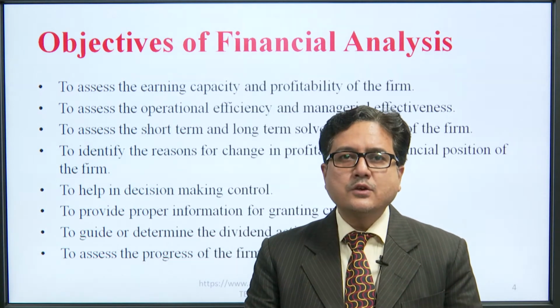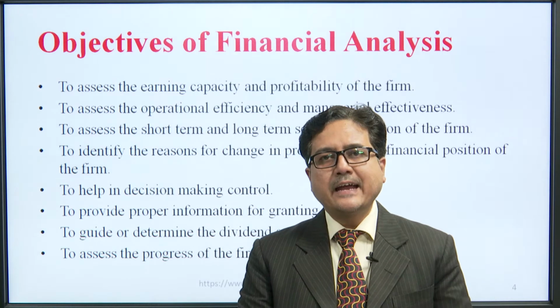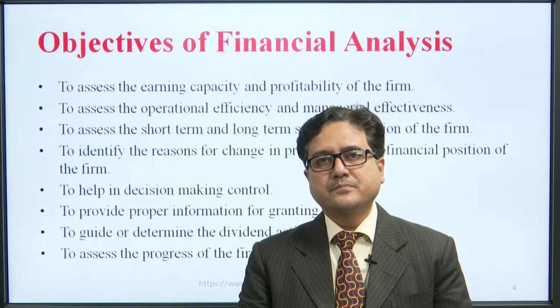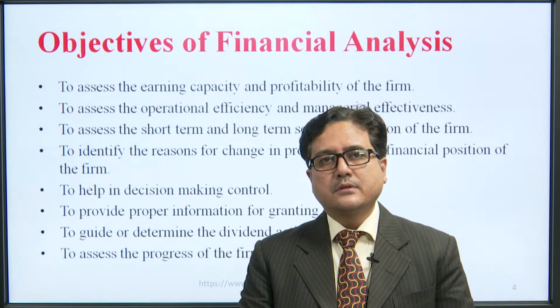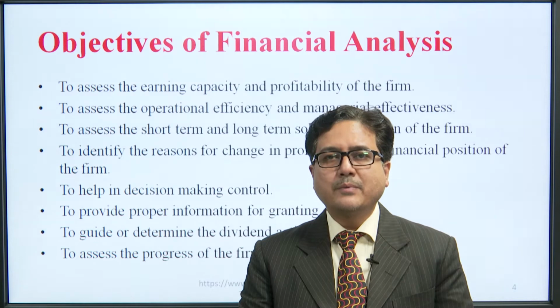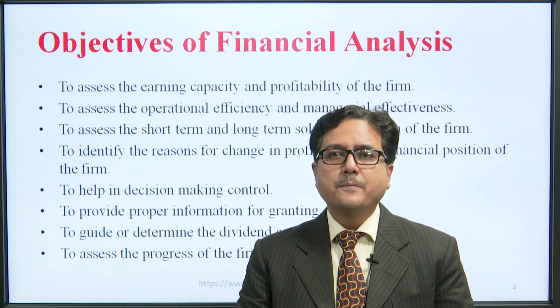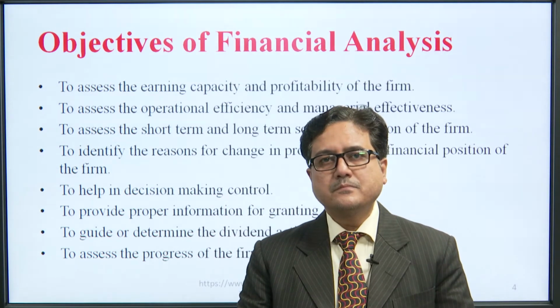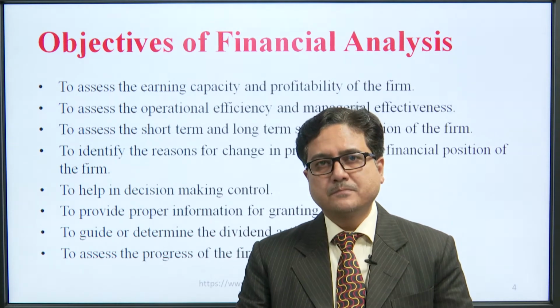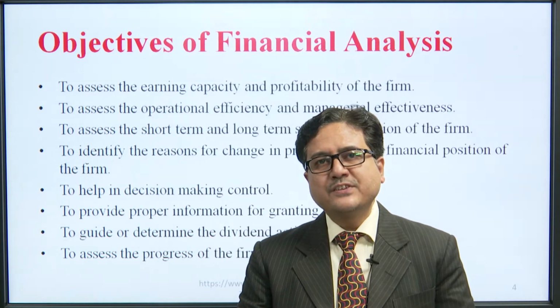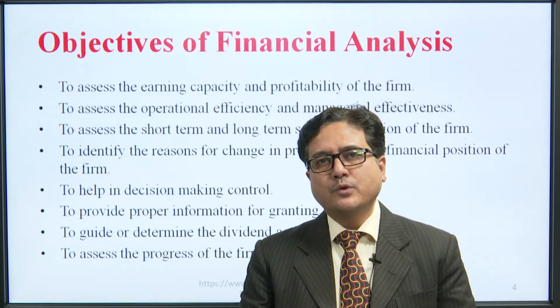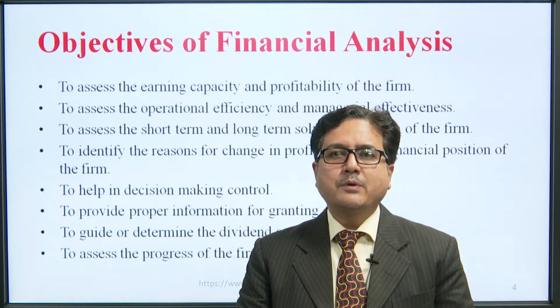The second is to assess the operational efficiency and managerial efficiency. How is the company managing its overall performance, its overall business, the effectiveness of the business? Operational efficiency means the ratio of output.